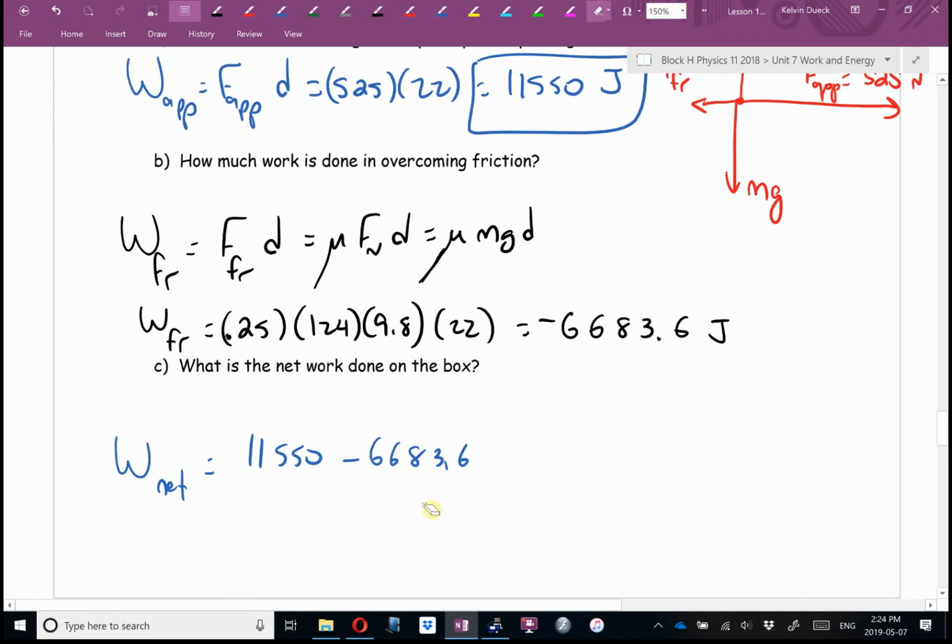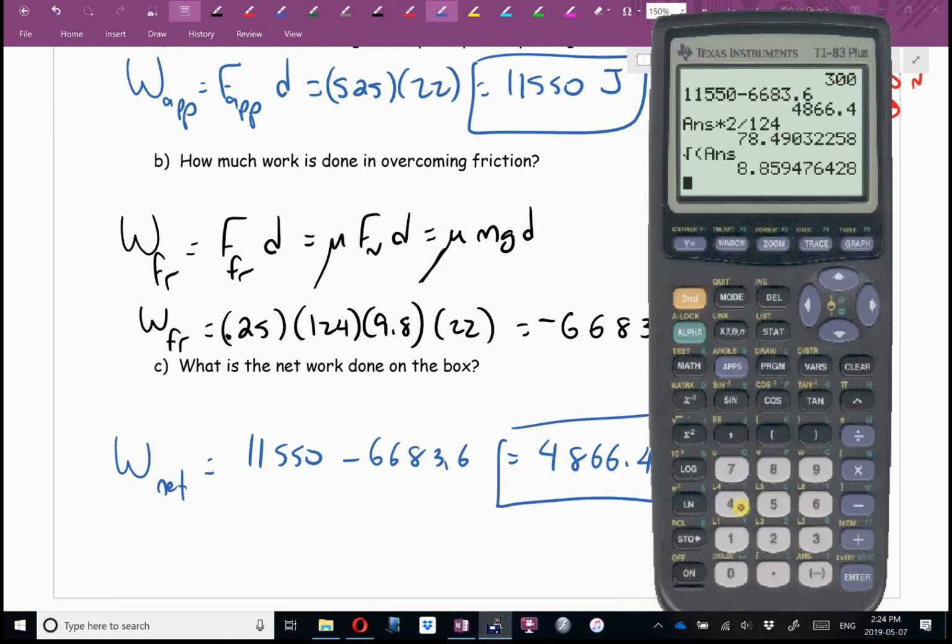This is an energy loss, this is an energy gain. Think you're going to get something in the 4,000s? What'd you get? 4866.4 joules.